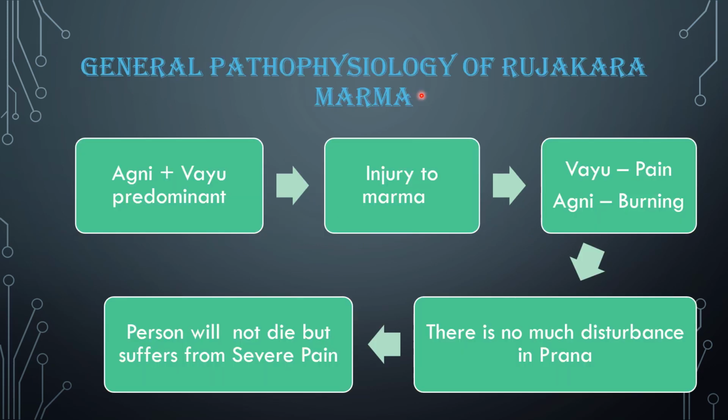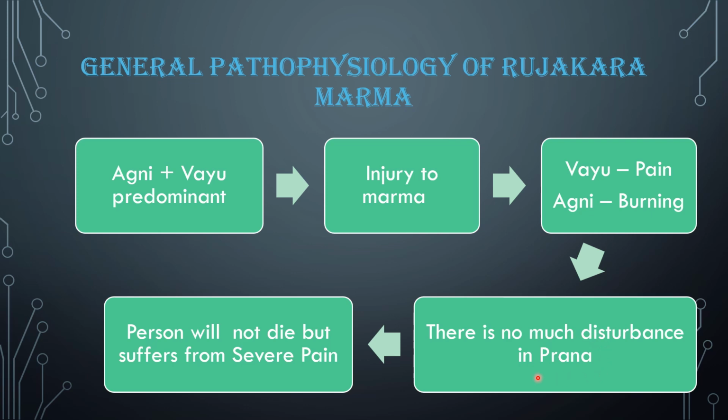General pathophysiology of the Rujakara Marma. Here again, it is Agni as well as Vayu Mahabhuta Pradhanata. If any injury occurs to these Rujakara Marmas, there will be pain as well as a burning sensation. As it is Vayu and Agni Pradhanata, Vayu leads to the pain, Agni leads to the burning sensation. There is not much disturbance in the prana.